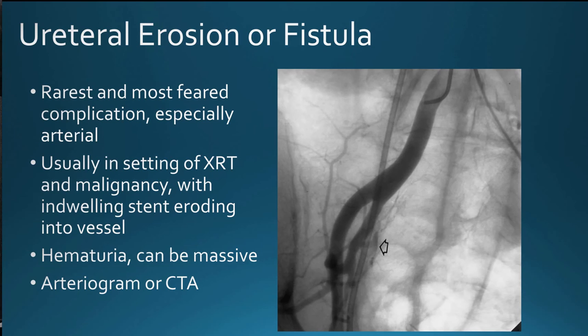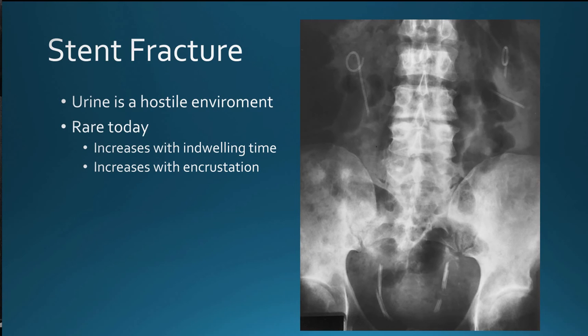This can create massive life-threatening hematuria, and can be an emergent situation. So something to look for. It's most commonly in the setting of post-radiation therapy and malignancy that this occurs.